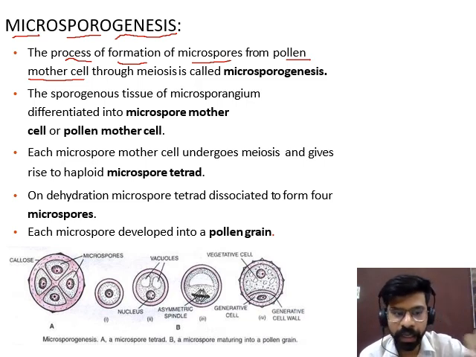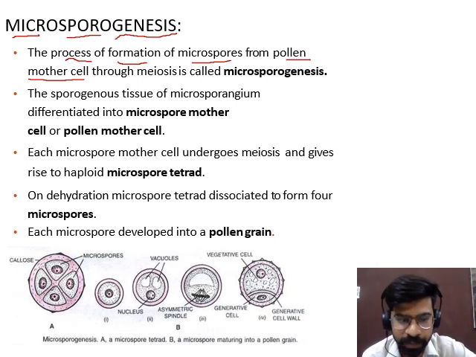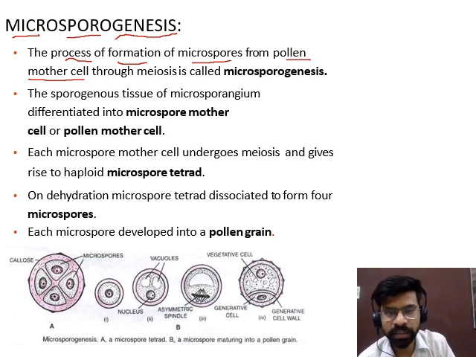Got it? And in the first chapter, I already discussed that for the formation of gametes, there is a division known as meiosis. Meiosis is the reductional division. So the reductional division gives rise to the formation of microspores.